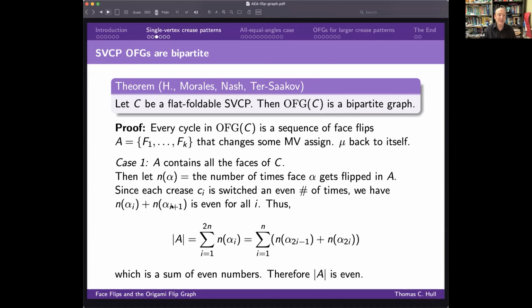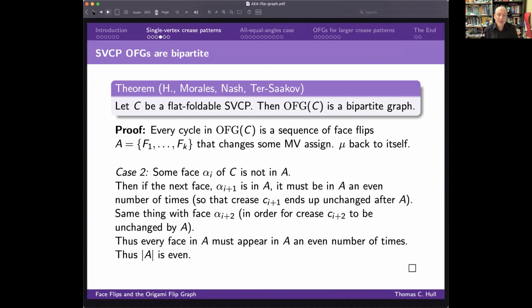And each one of those is an even number because each crease must be switched an even number of times. And this is the sum of a collection of even numbers, and therefore must be even itself. So that shows that the size of A must be even in this case. And that means this must have been an even cycle in the origami flip graph. Okay, so that is case 1.